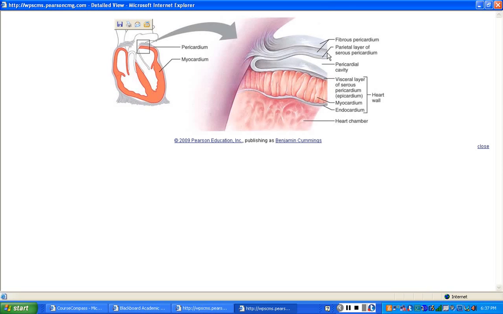So here you go. What's this? Endo. What's that? Okay, and out here, let me tell you something else first. The outer layer of the heart is called the epicardium. It's another way to say it. Epi.